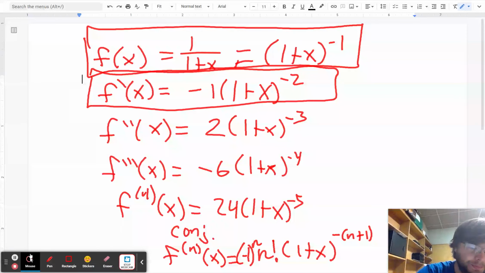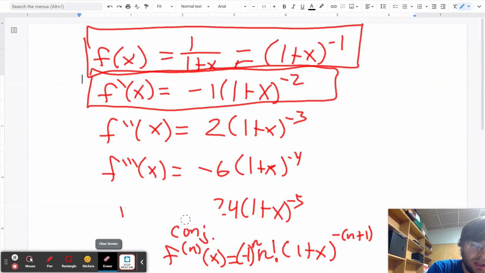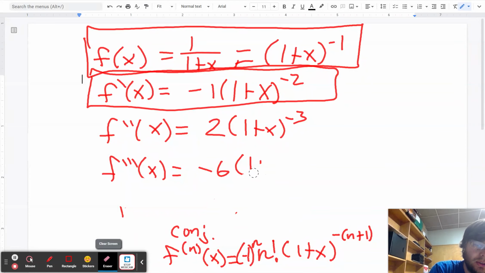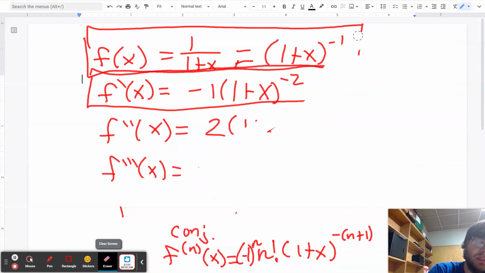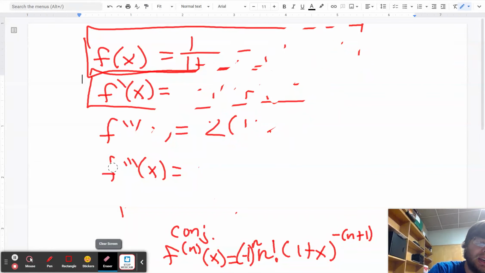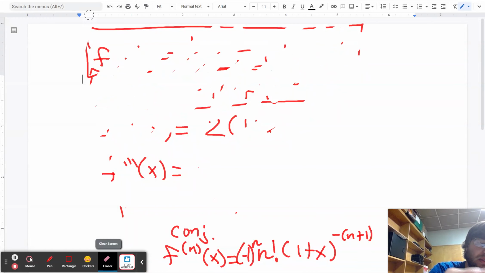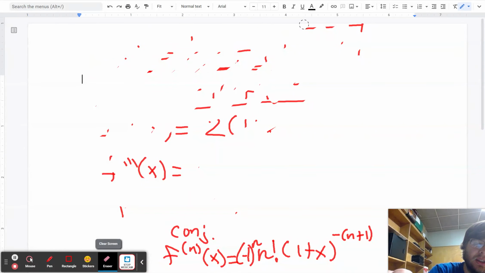So now the part that is more interesting is assuming that the nth derivative is as conjectured below, and then trying to prove what the next derivative is, and showing that when I go to the next derivative, it's going to look just like that with all of my n's incremented by 1.